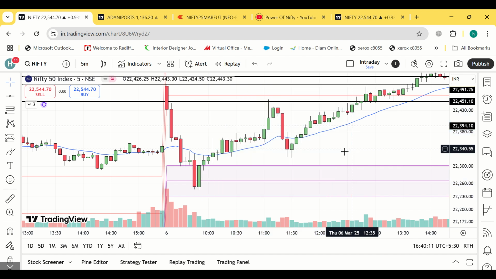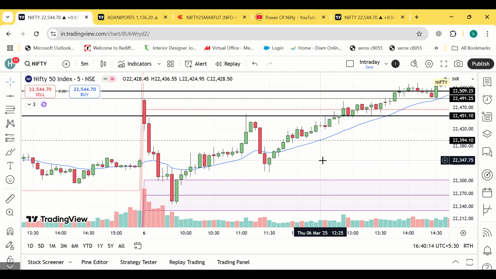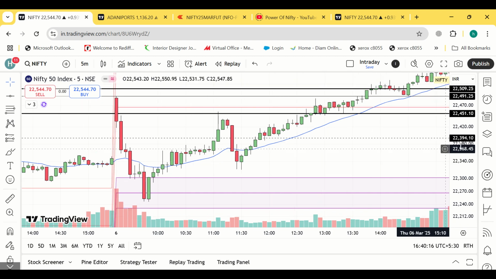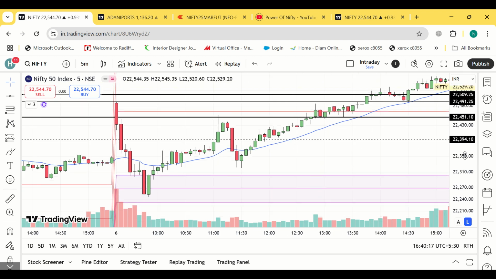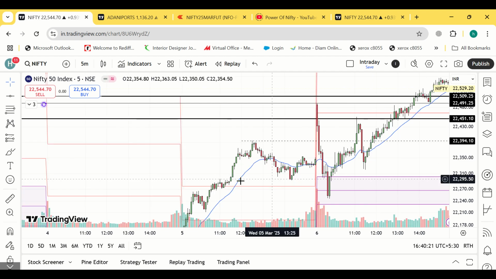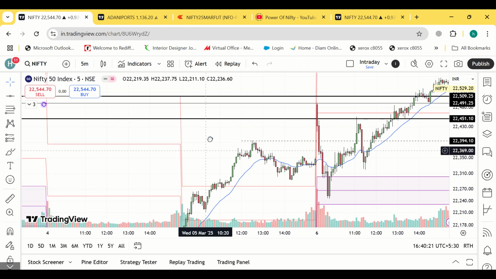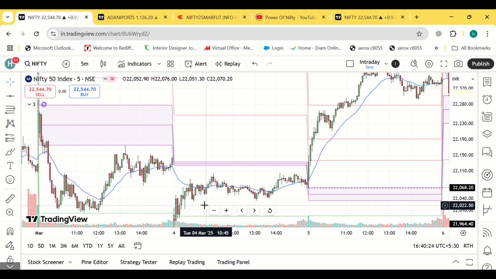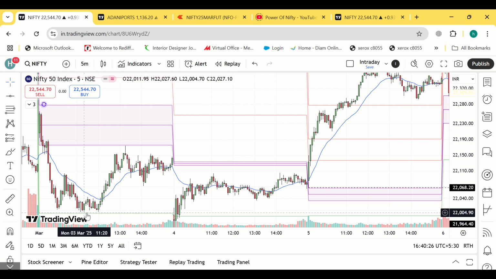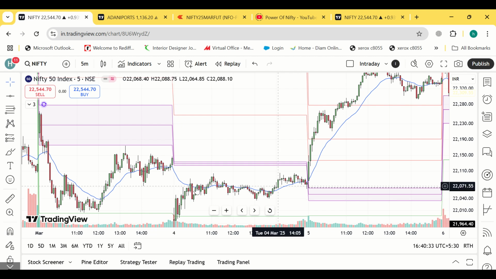Now what happened is, if you follow the patterns and see how the market is doing, the market stopped falling on this day because this was a recent swing low. This candle has closed above it and that was it. The market sustained above this.